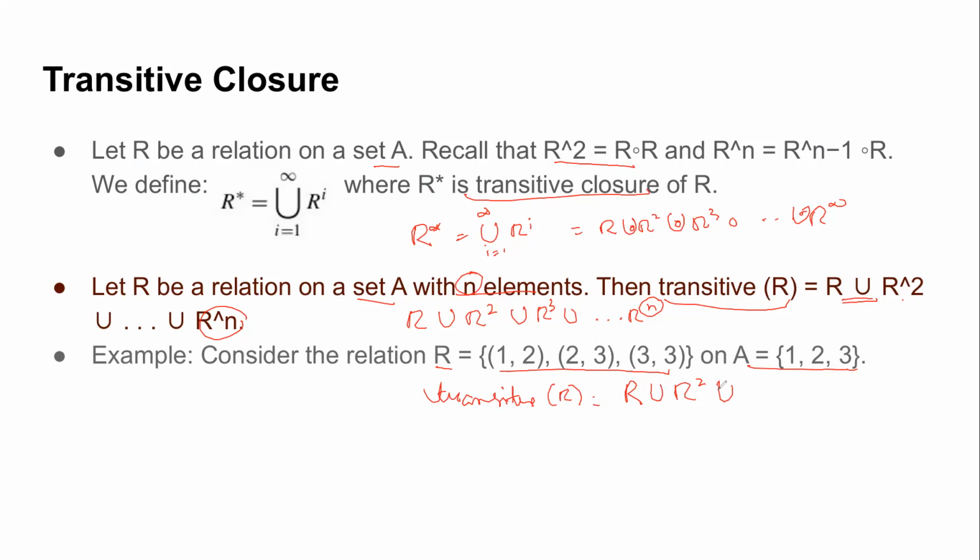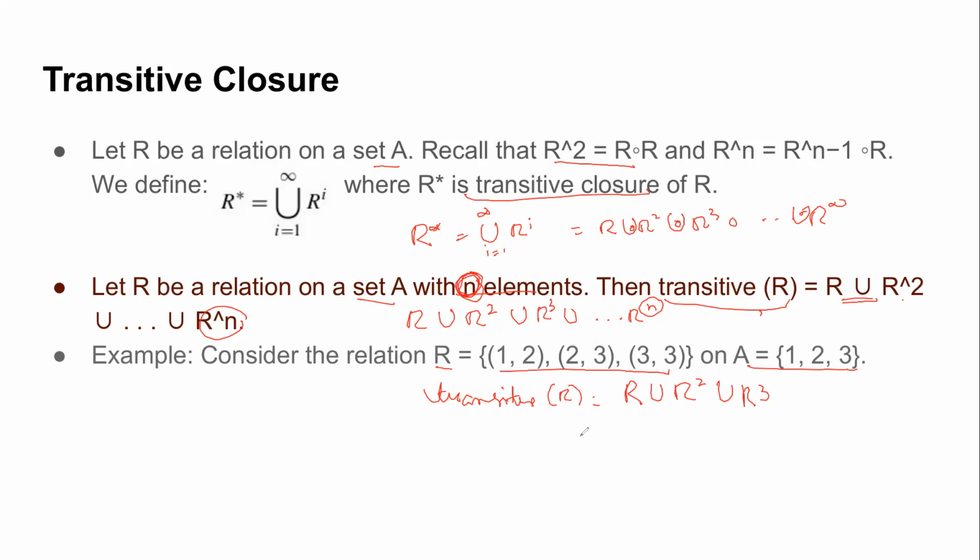To get the smallest possible transitive relation of R, till what power should I take it? Very good, till R3, right? As I said, for a set with n elements, you don't need to go till infinity because the remaining powers will be the same. Just go till the point as the number of elements.